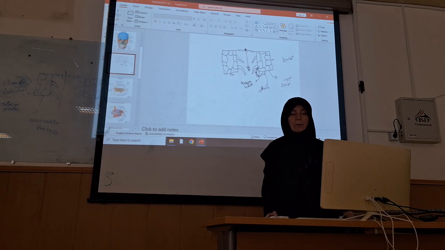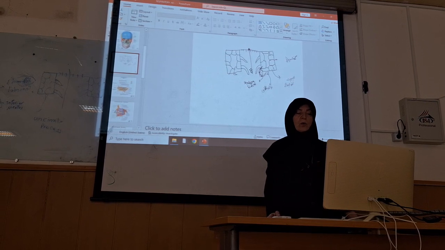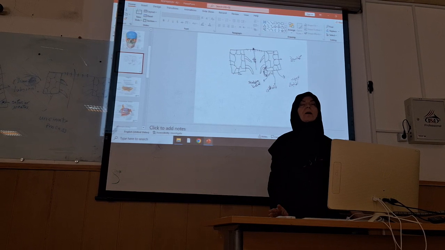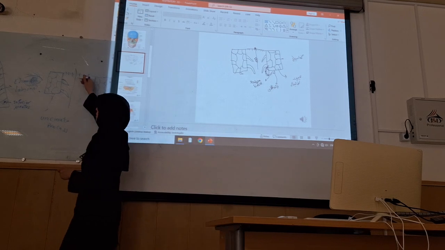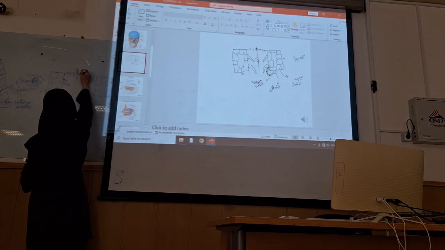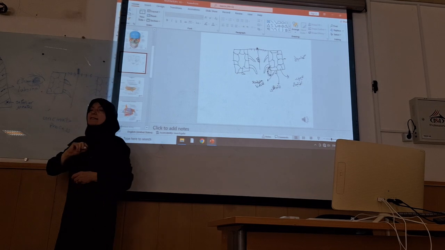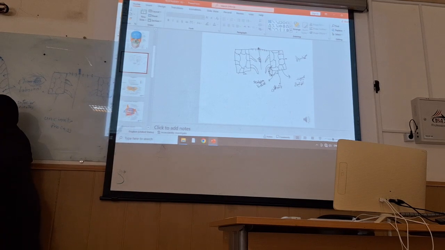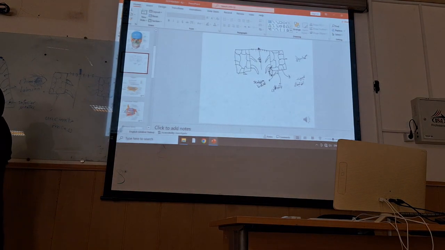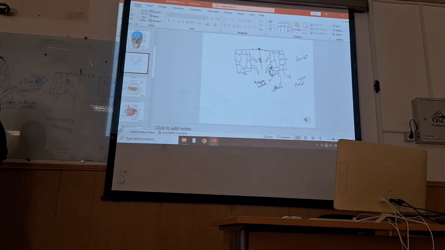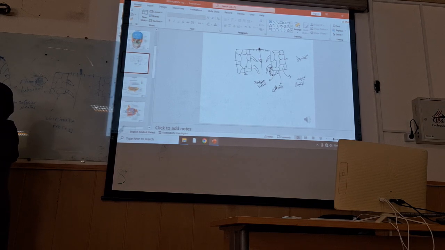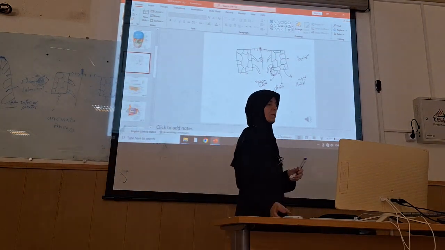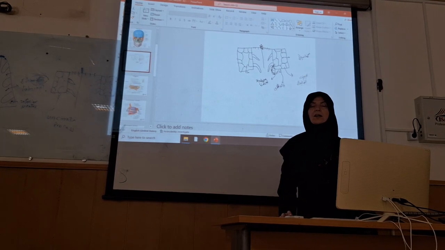This perpendicular plate of the ethmoid bone, superior to this horizontal plate, here we call the crista galli. If you notice, here you are going to find the crista galli.